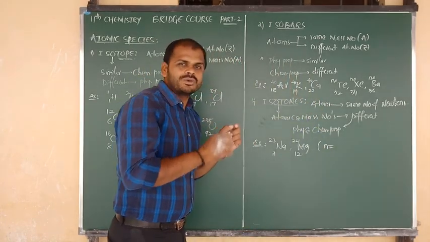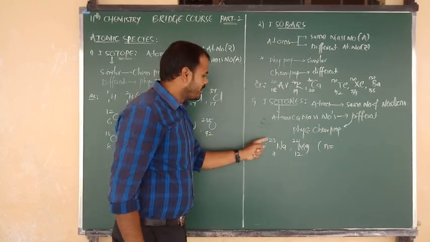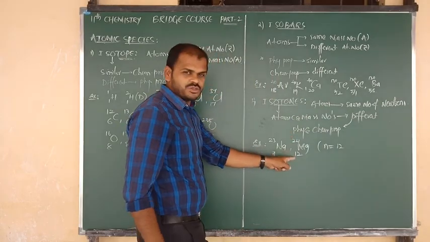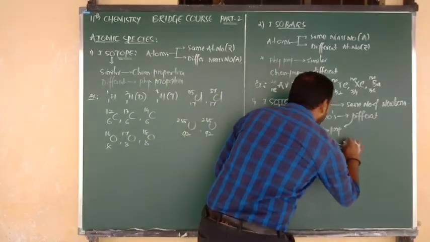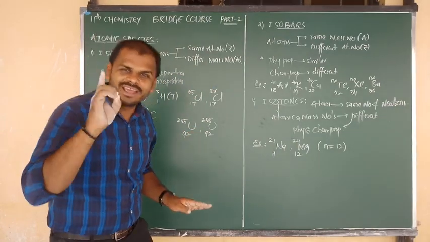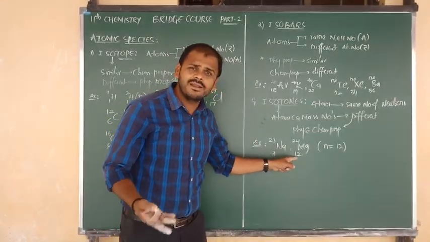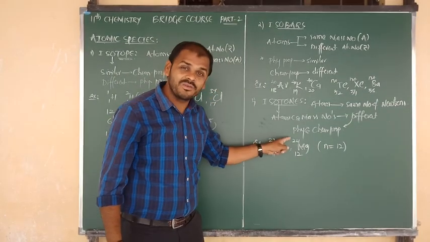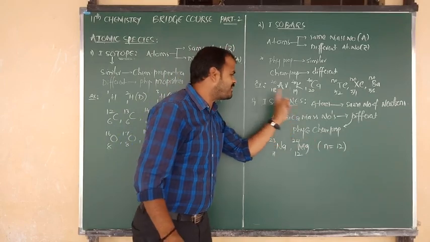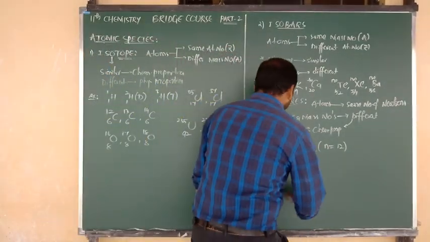So number of neutrons, small n, is equal to A minus Z. 23 minus 11, answer is 12. 24 minus 12, again answer is 12. It means both species, sodium and magnesium, contain the same number of neutrons, but their atomic numbers are different, mass numbers are different, but both have the same number of neutrons. So this is the best example for what, na? Isotones.